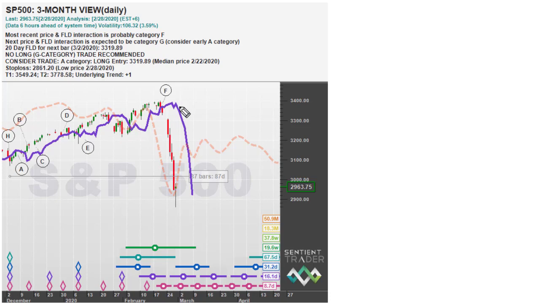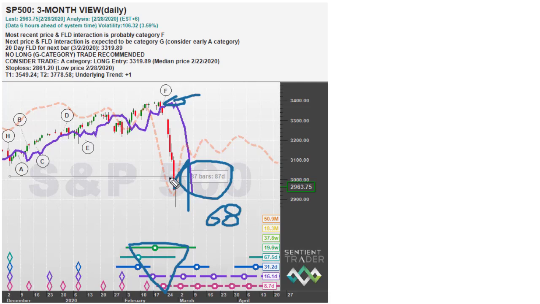Okay, so with an F category interaction over here, we would next expect a G category interaction where price comes up to the FLD, and then an H as it comes down into the 20-week cycle trough. However, there have been 87 days since the previous 80-day cycle trough, which is now phased at the beginning of December 2019. The average length of an 80-day cycle is 68 days.